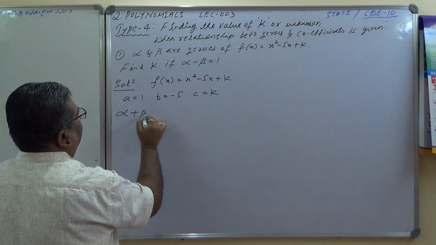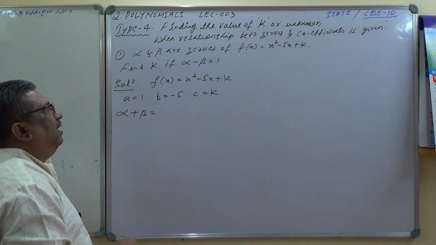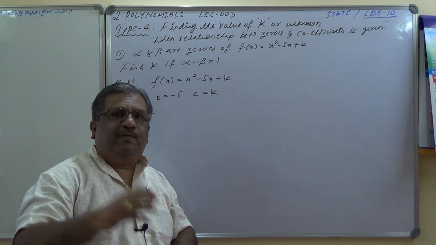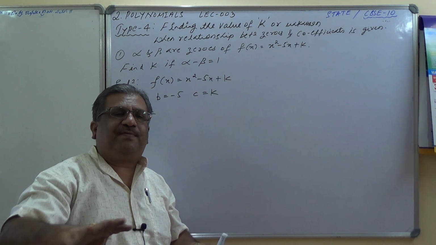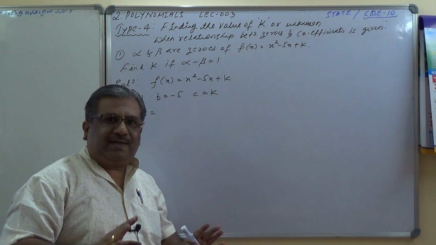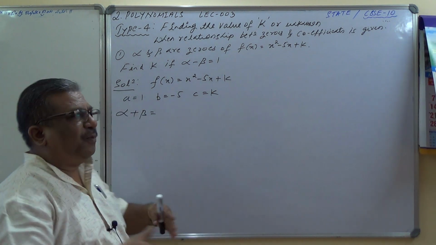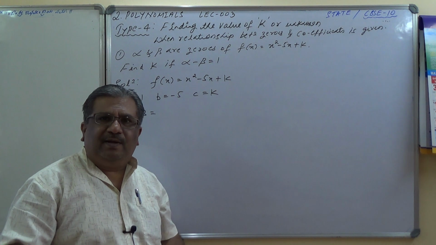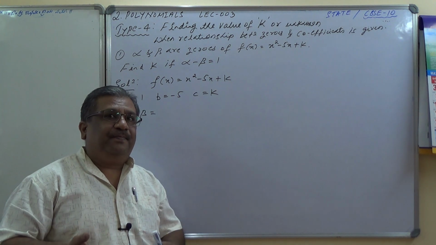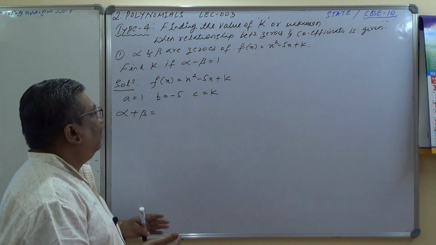Sum of zeros. Generally, in order to find the value of k, my suggestion is that you first write the values of the sum of zeros and the product of zeros, whether those are required or not. There is no harm at all. Then start thinking what is to be done.